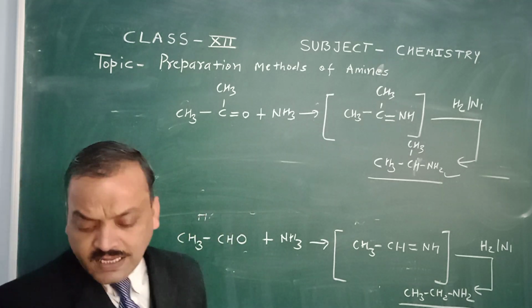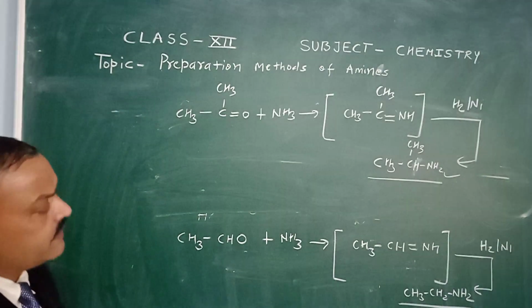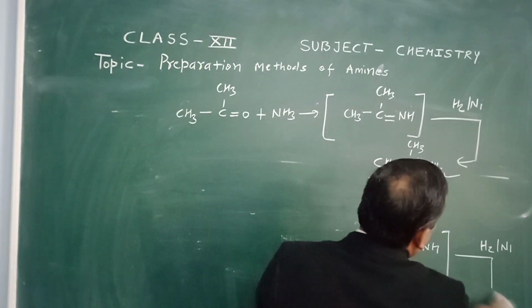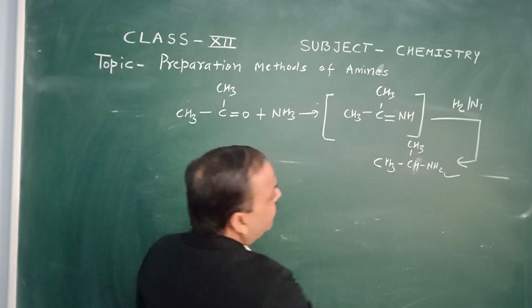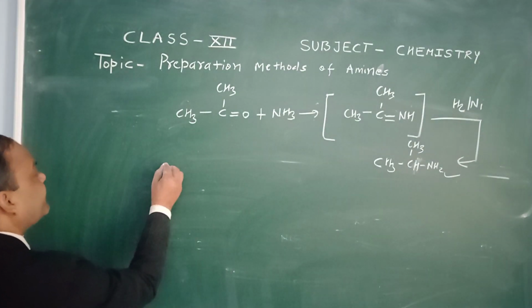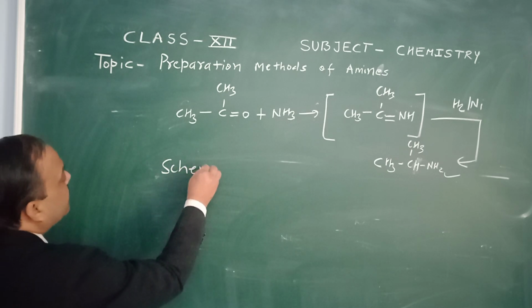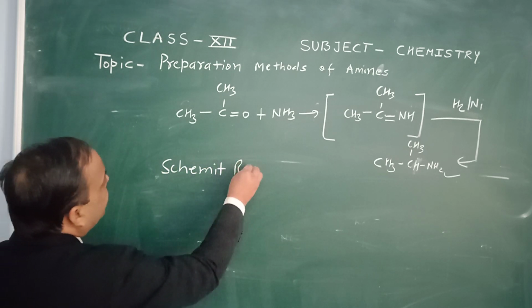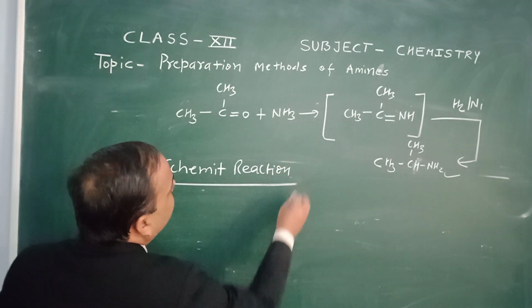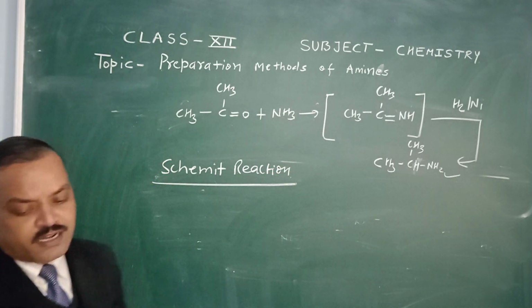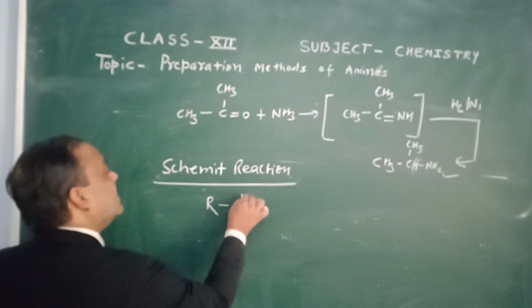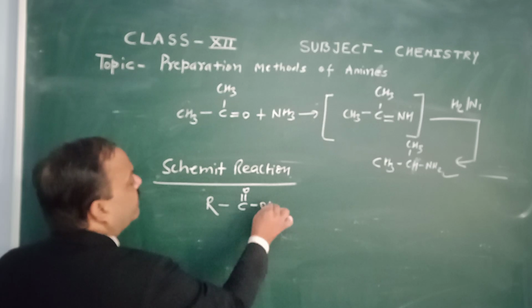Now one last method is the Schmidt reaction. This is very important for our exam. Name reactions are given in exams, and this is the Schmidt reaction. In this reaction, we use carboxylic acids, where the COOH group is present.